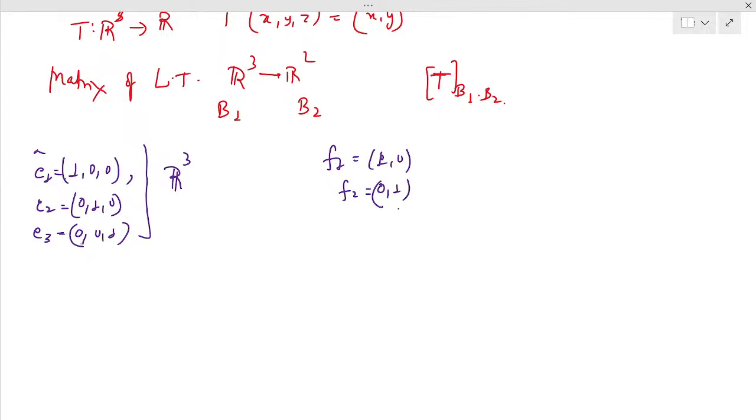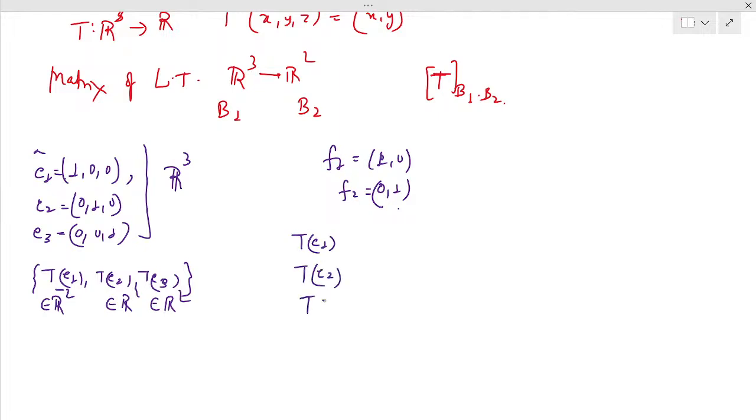Now if I take the images Te1, Te2 and Te3, after all they will belong to R square. So I can write Te1, Te2, Te3 as linear combinations of f1 and f2.